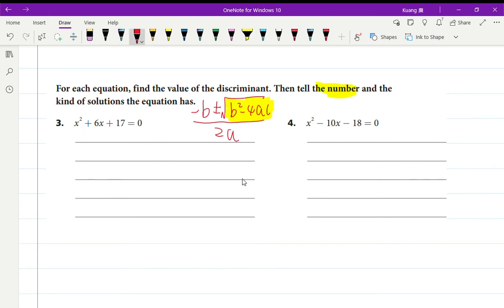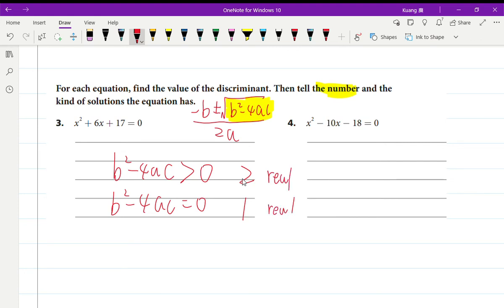If b squared minus 4ac is greater than 0, then it has two real solutions. If it equals 0, then it has one real solution.